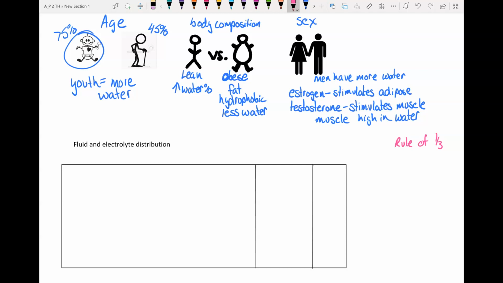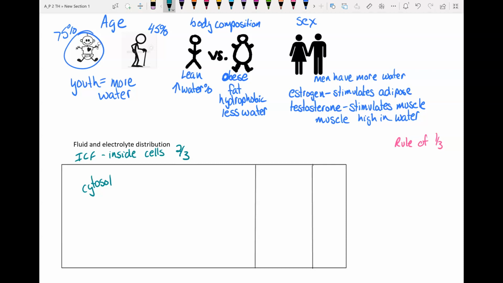You're going to have intracellular, inside your cells. So ICF is intracellular fluid. This is what is inside your cells. This is also called cytosol. Cytosol is the water inside your cells. This is 2/3 of all the water in your body.